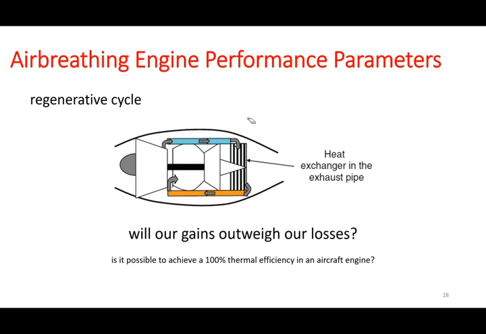Essentially, it's going to help the combustion process, and it's going to reduce the amount of energy you're going to need for the combustion. Okay, but with all of these methods, what you always have to be mindful of is the answer to this question: will our gains outweigh our losses? Like putting in a heat exchanger, of course, is going to decrease the amount of thrust that you can generate, right?